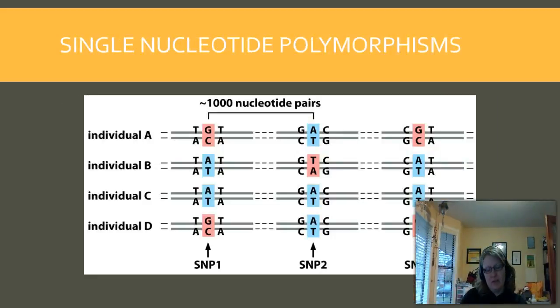Another big thing that we do in genetic testing, and this is becoming a very big backbone of research, is single nucleotide polymorphisms. If you remember back to Unit 2, we talked about how you and I vary by about one base out of every 1,000 nucleotide pairs, and these are called single nucleotide polymorphisms.